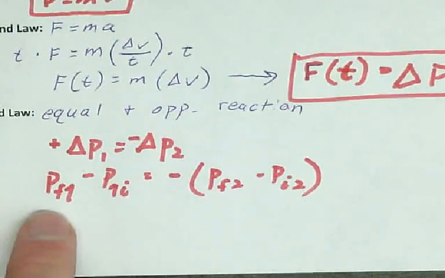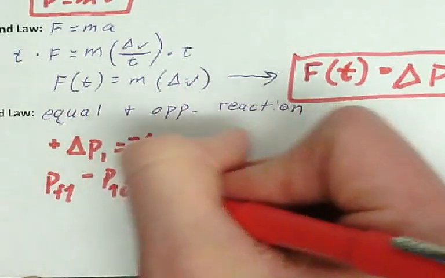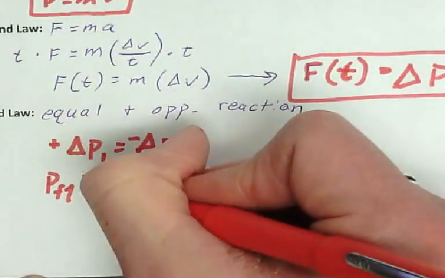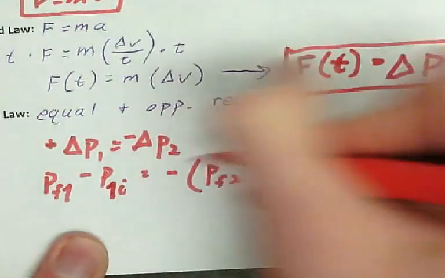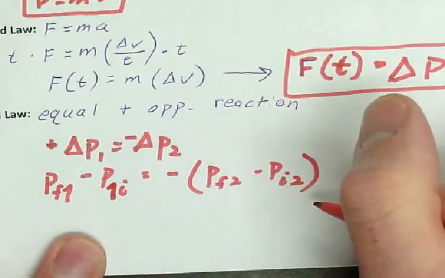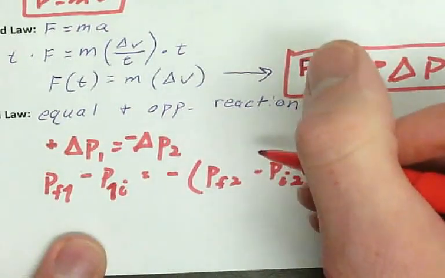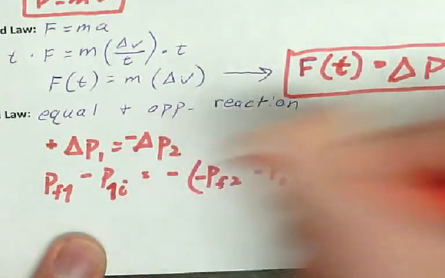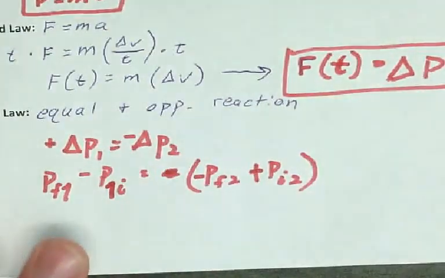No, that's P F1 and that's P1 I. So it's P F1 and P1 I. That's a 1. Okay. Let's get the initials together and let's get the finals together. So I'm going to distribute this negative sign. Okay, so this negative sign is going to go here. This negative is going to turn into a positive.